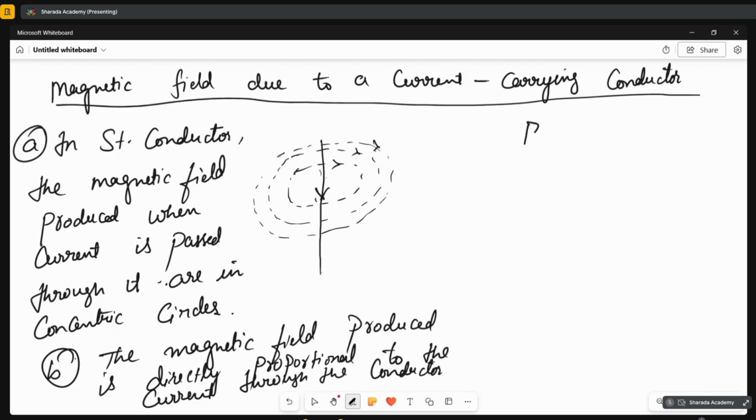That is, B is directly proportional to I. B indicates the magnetic field, I indicates the current. Always we use B for the magnetic field and I for the current.